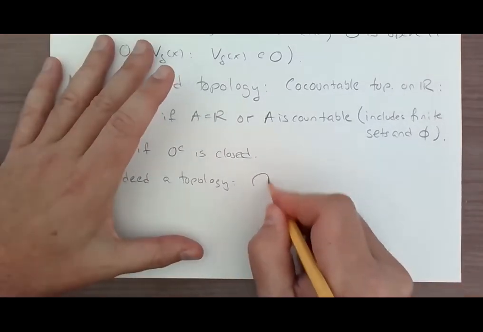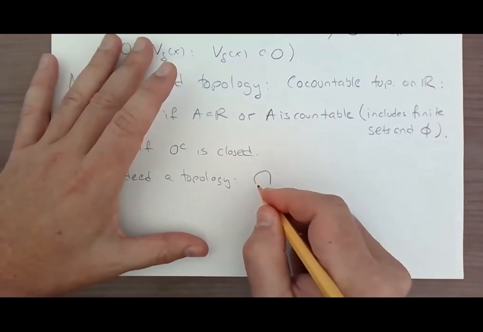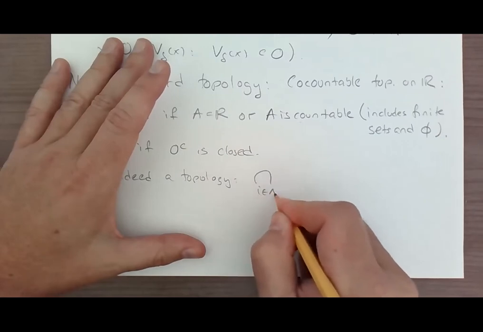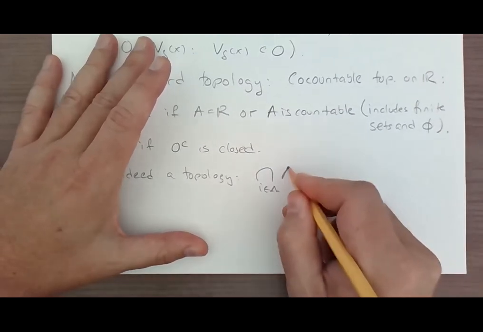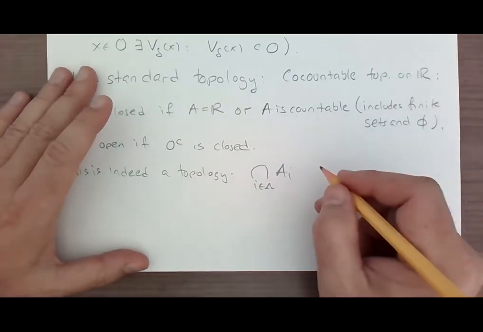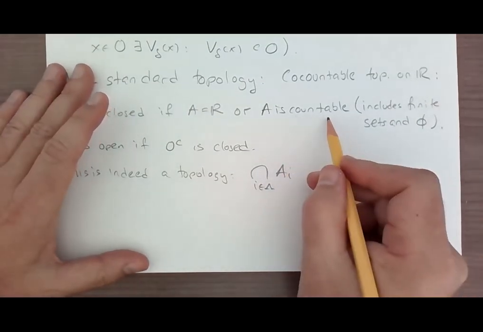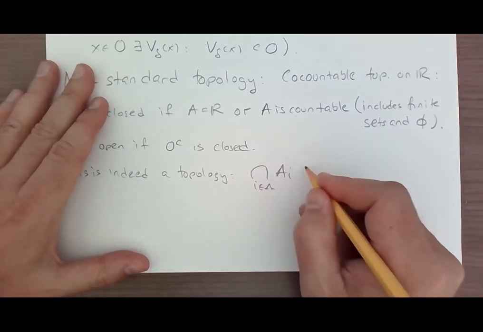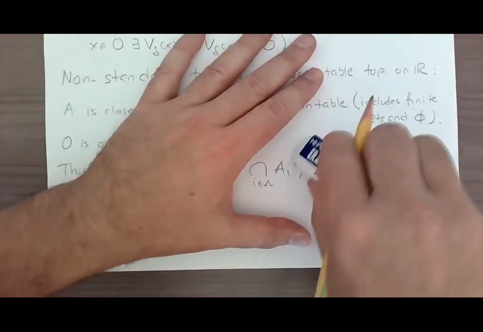So we can test arbitrary closed sets. If I take an arbitrary intersection of closed sets, is it countable?